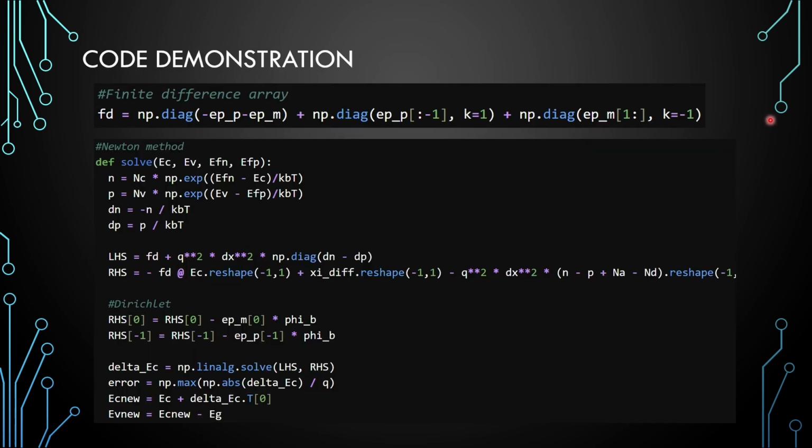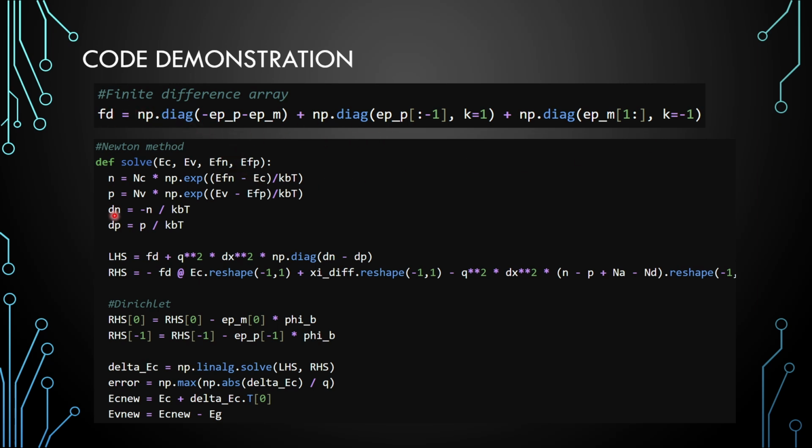Okay, in the last few slides, I'm going to show you how to use code to implement this Newton's method. Most of this code will be similar to the previous code I showed you for the linear Poisson equation, so I will not repeat it. I'm just going to show you the part that implements Newton's method.